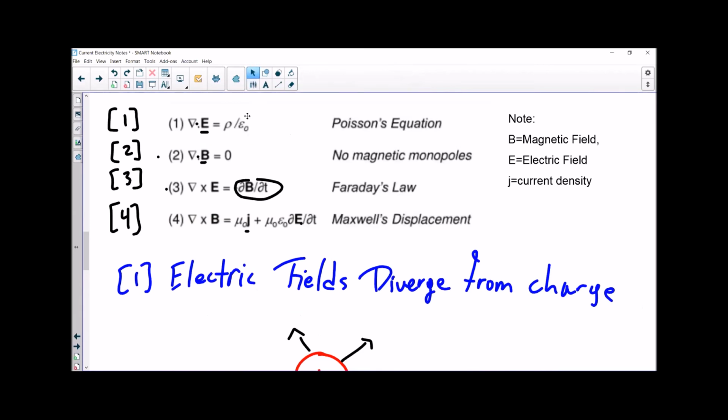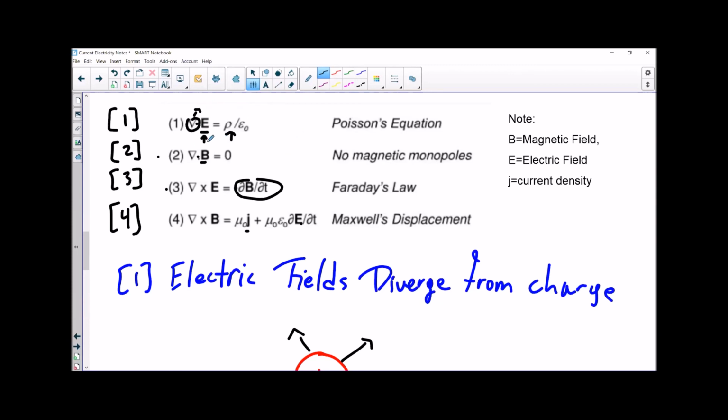So first off, the little p right there, it's actually the Greek letter rho. That means charge. So this equation you can see is charges create electric fields. And this symbol here, the little triangle with a dot, means the electric fields have to diverge.